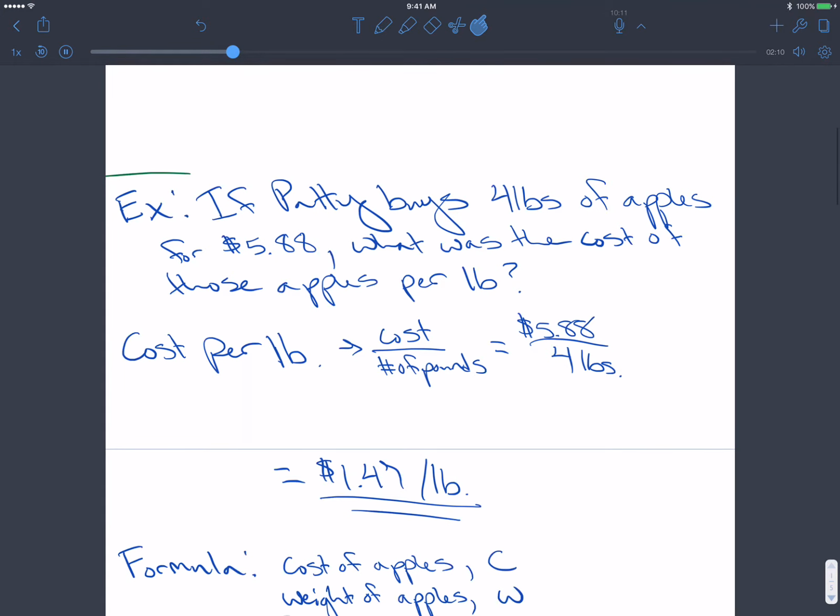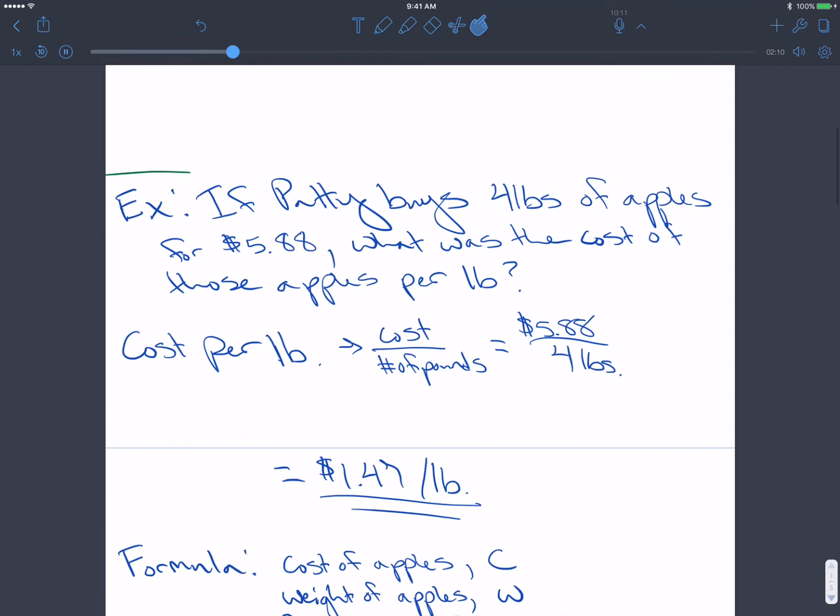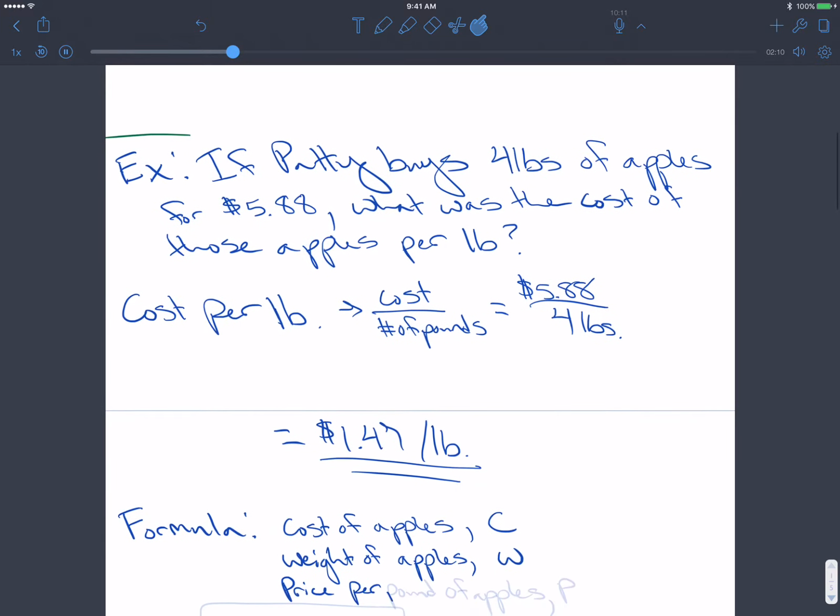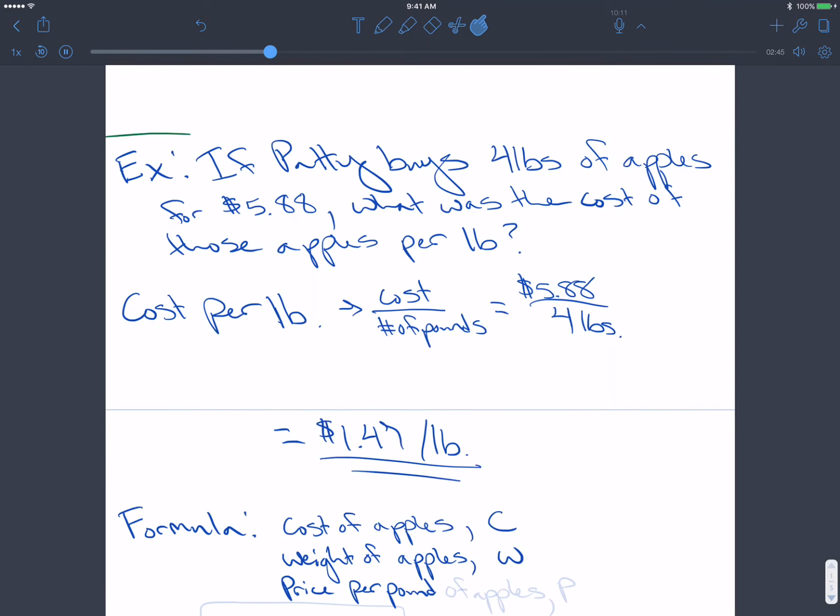The only thing that we really need to figure out, or that we just found, was the rate, which is the price per pound of apples. So I'll call that P.